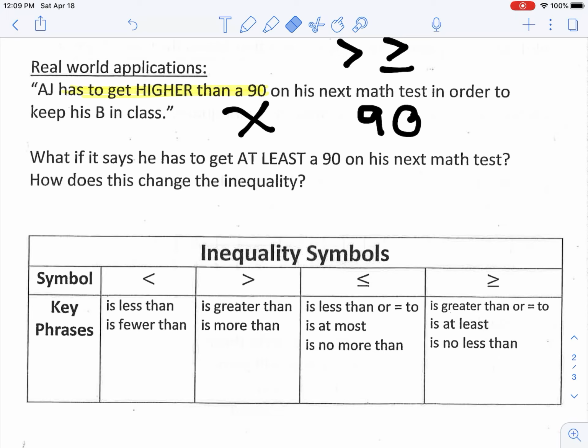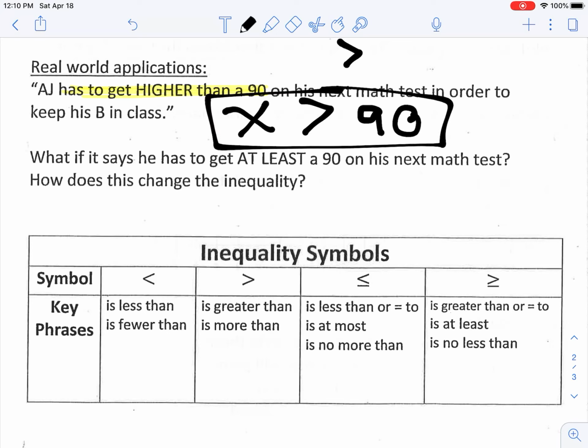Could he get greater than 90? I think that one's going to work. What about greater than or equal to a 90? Is 90 higher than 90? Nope. So the only inequality that's going to work here is greater than. And then just like we did with equations, we're going to put a box around our solution.